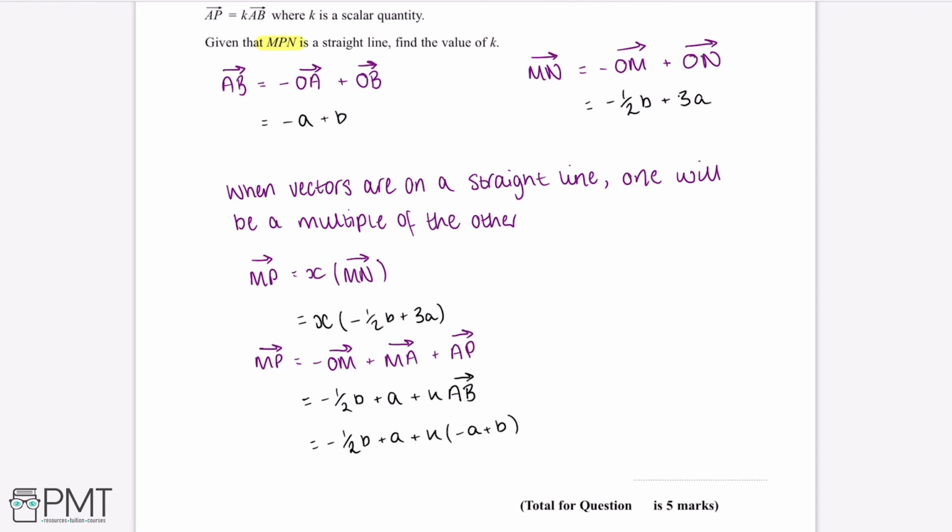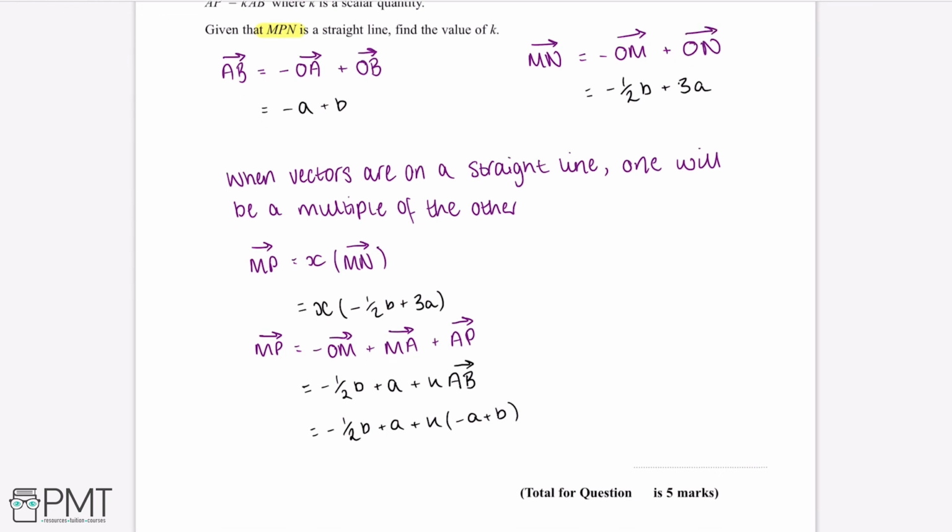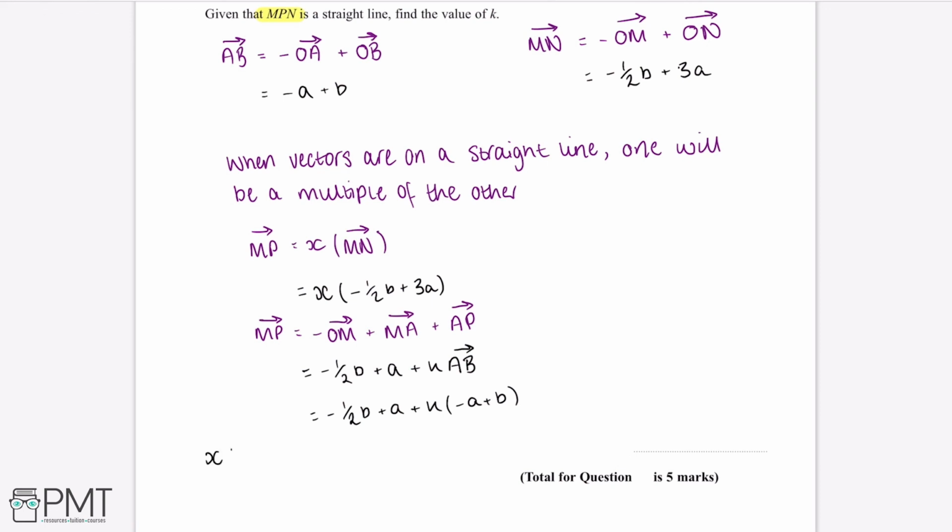So now we have two different expressions for MP. What we can do is put these two expressions equal to each other. The first thing we can do is expand out these brackets.